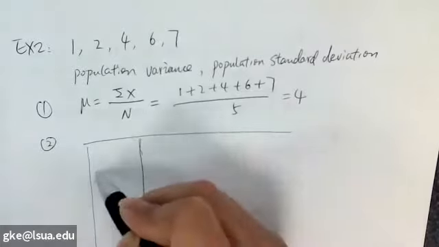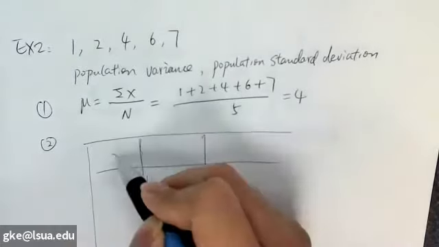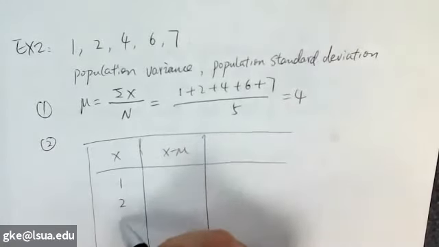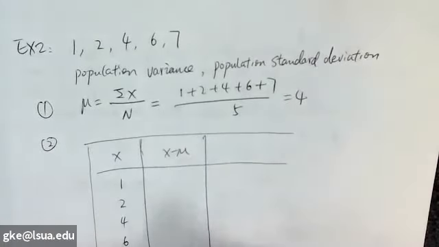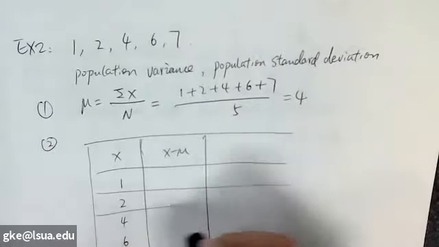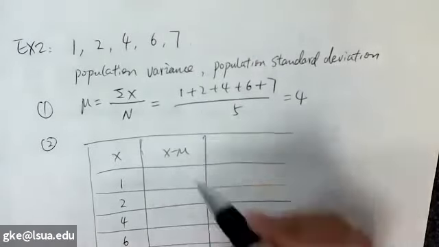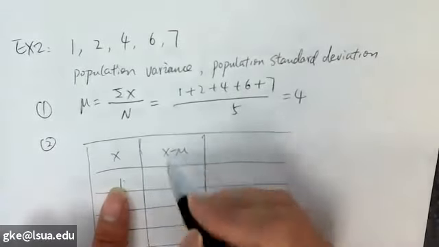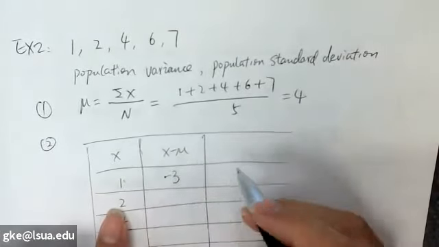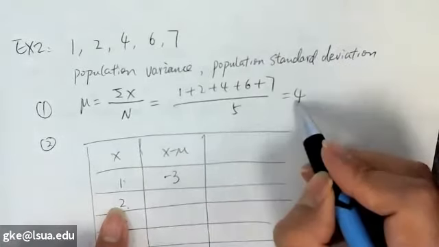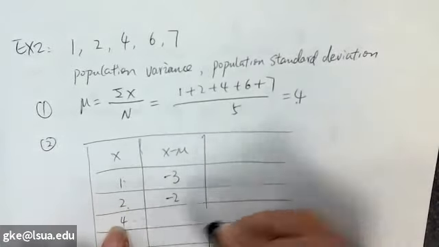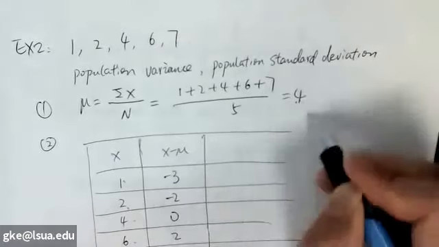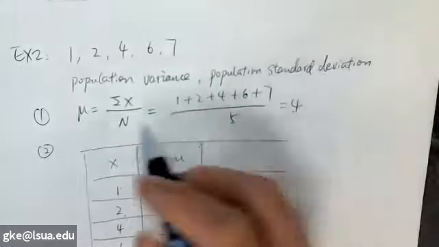Calculate the x minus mu. X is 1, 2, 4, 6, 7. So x minus mu is going to be 1 minus 4, negative 3. 2 minus 4, negative 2. 4 minus 4, 0. 6 minus 4, 2, and 3. Okay, we finished the second step.